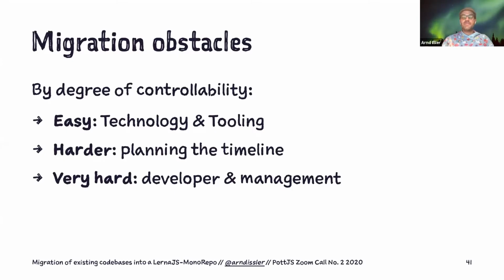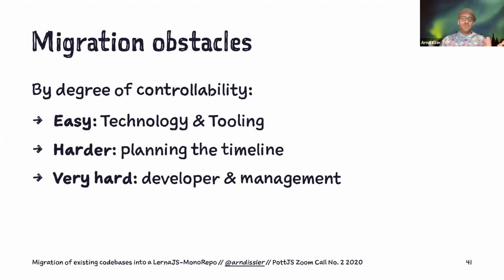Here are the obstacles and risks associated with the migration process I experienced so far, by degree of controllability. Most of us are developers, so we know how to handle technology and how to deal with the tools. This might be very easy. A little bit harder is the planning of the timeline. But hey, we're developers.